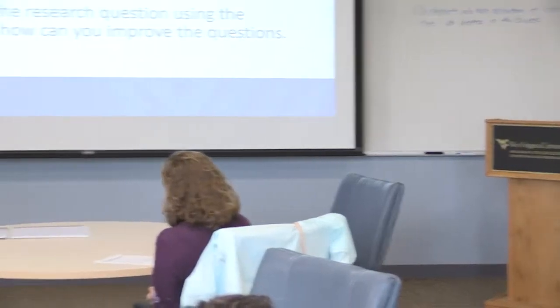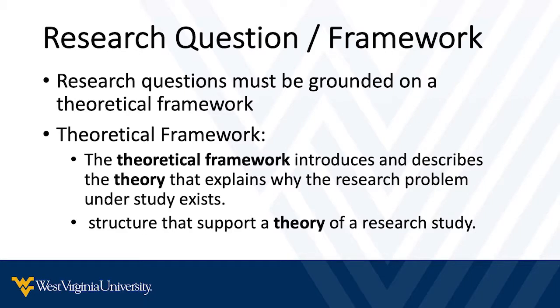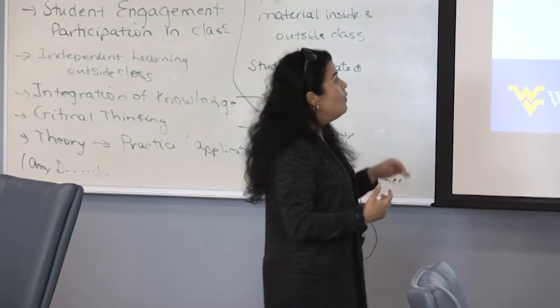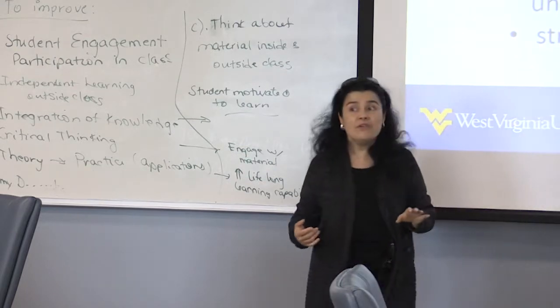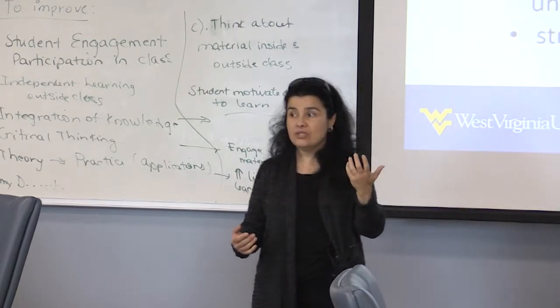Okay. I mentioned at the beginning a theoretical framework, and we're talking about the background information that you will use for your research question. All research questions must be grounded in some sort of theoretical framework. What we're basically looking at is the structure that supports the theory behind that research study.